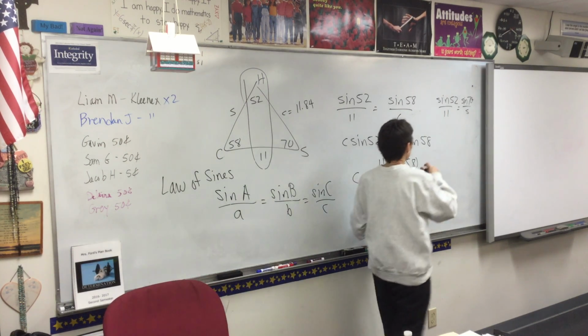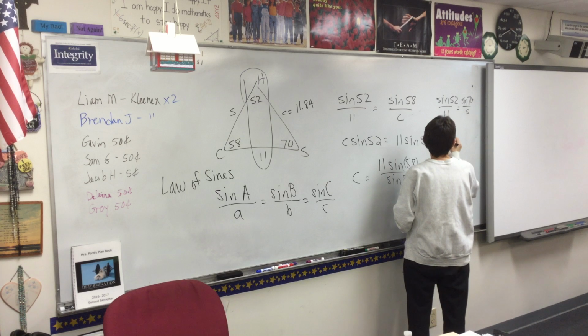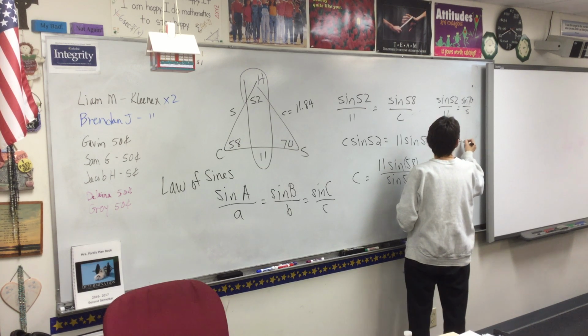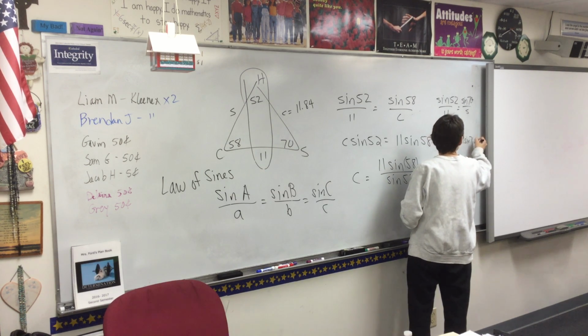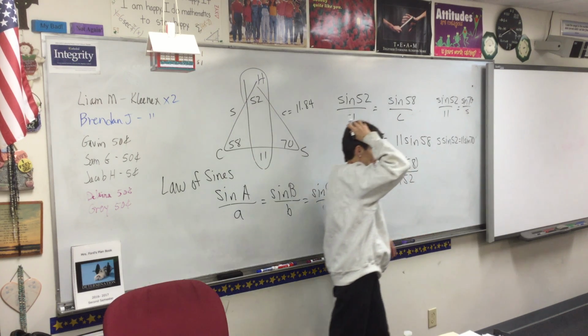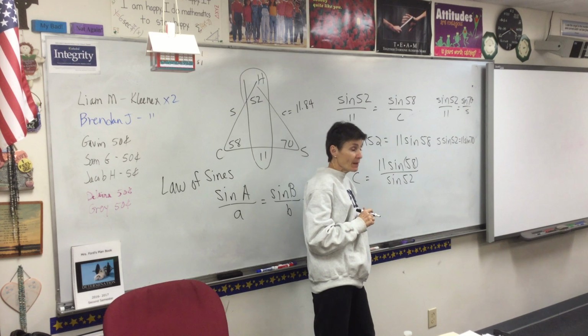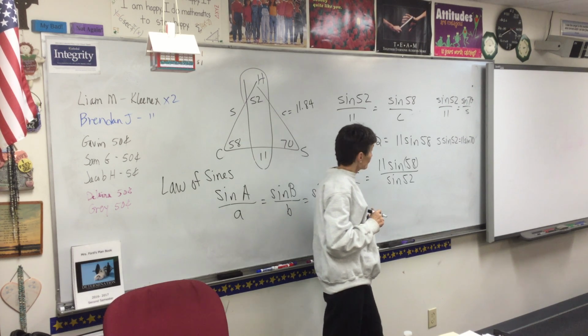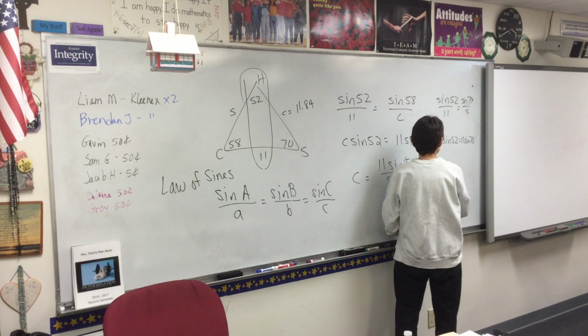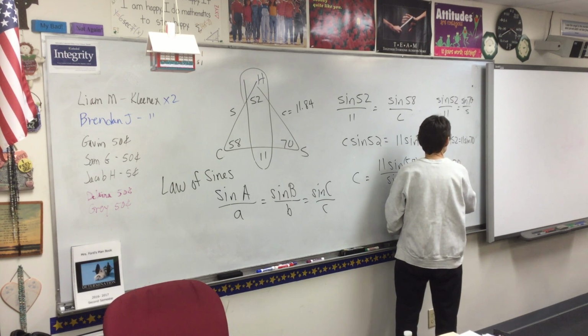So sine 52 over 11 equals sine 70 over S. We'll do the same cross multiply. S sine 52 equals 11 sine 70. And then what? Divide. So S equals 11 sine 70 over sine 52.